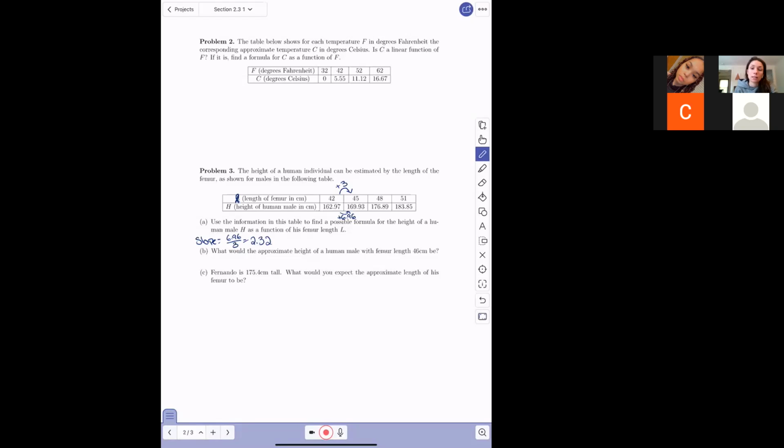Okay. Again, it doesn't specify what form the formula for the linear function needs to be in. So we have h of l equals, I'm going to do point slope form where it's y equals m times L minus L1, plus H1.